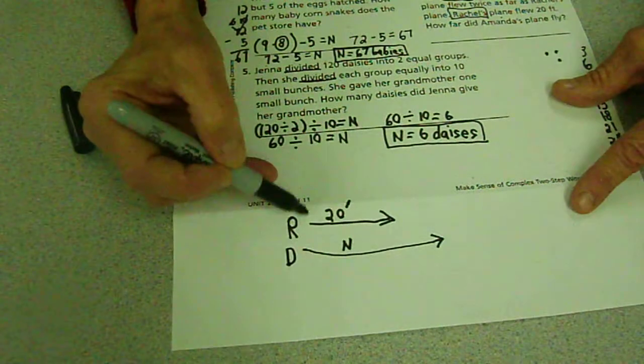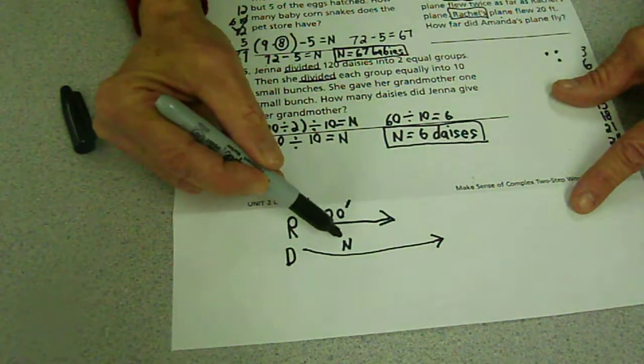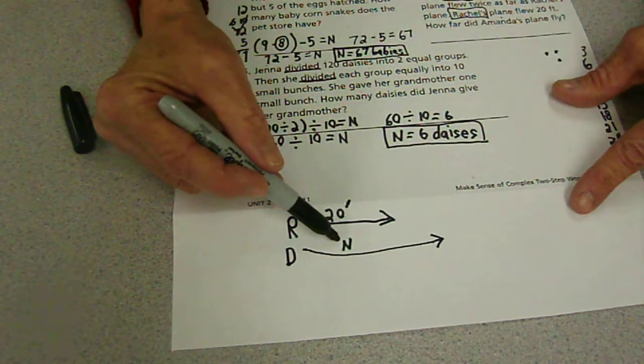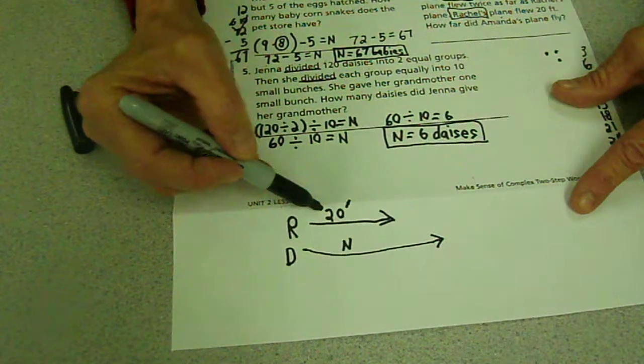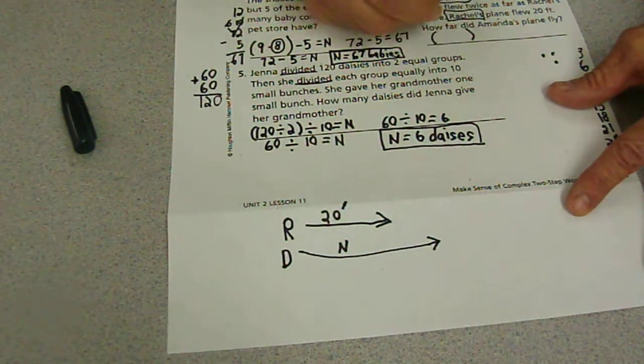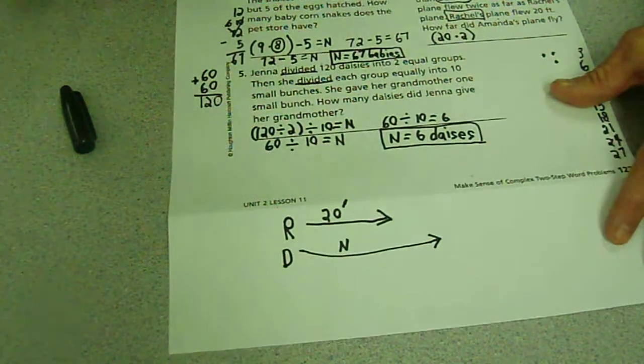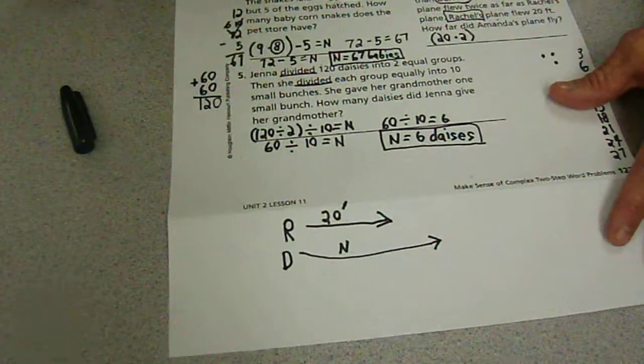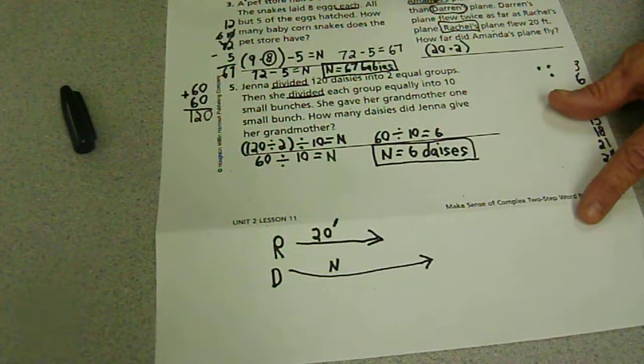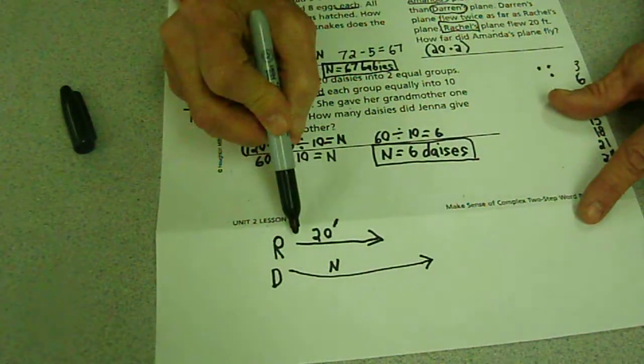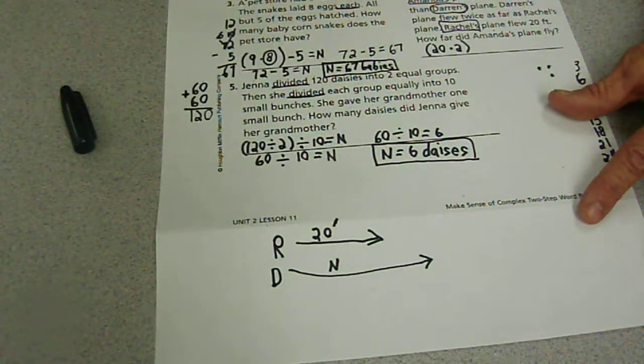So now I can put this into an equation. I can figure out Darren's distance by doubling Rachel because it said twice as far. So my first parenthesis is going to be 20 times 2. Now I know how far Darren's plane flew. Amanda's plane flew 19 feet farther than Darren's.